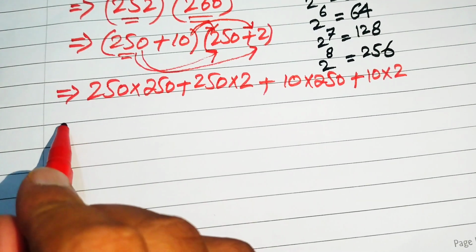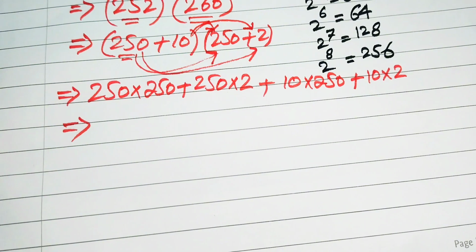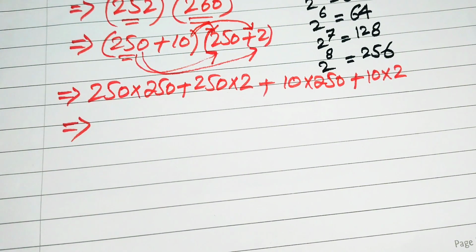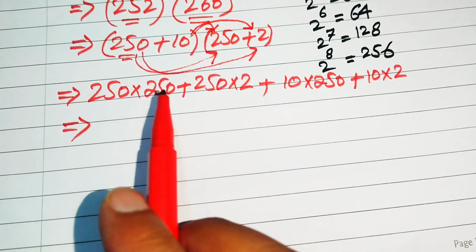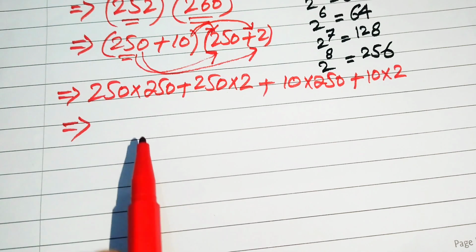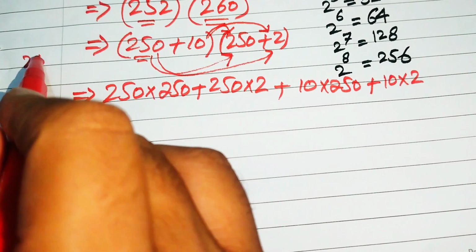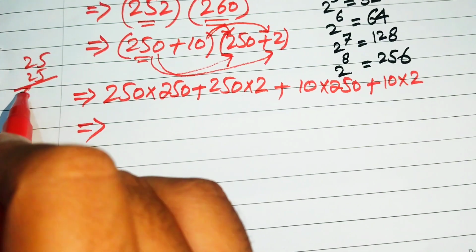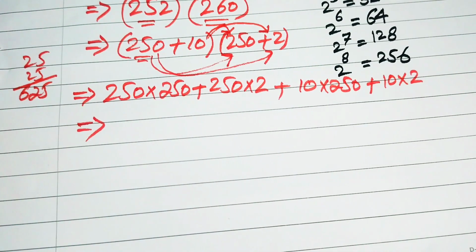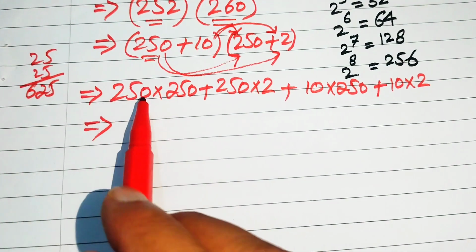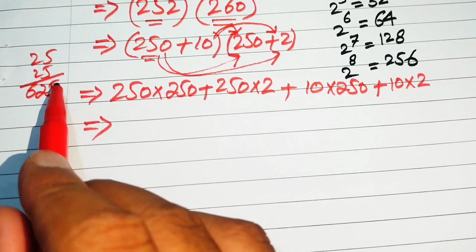After that we need more simplification. When you multiply 250 by 250, the trick of this multiplication is that 25 multiplied by 25 equals 625, and here you have two zeros, so we just add these two zeros.